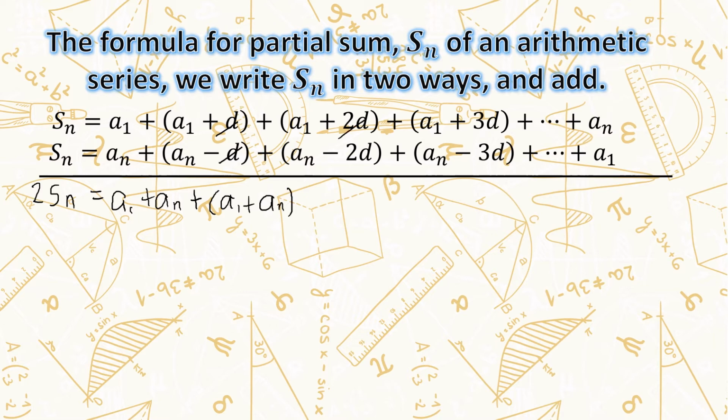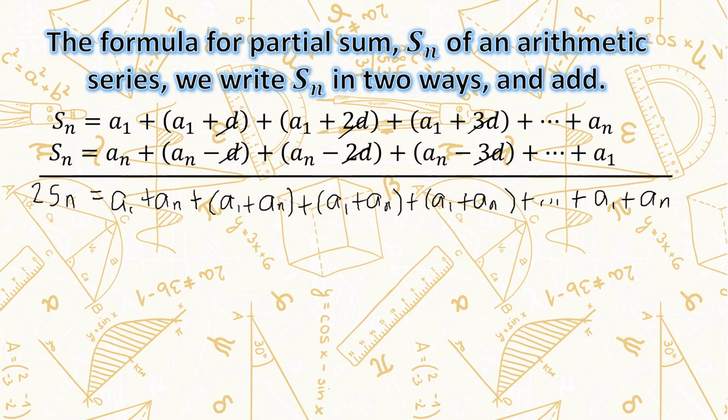Also 2D plus negative 2D is 0, so we have another A sub 1 plus A sub n. 3D plus negative 3D is 0, so we have another A sub 1 plus A sub n, and the pattern continues until the last pair of addends, we have A sub 1 plus A sub n.